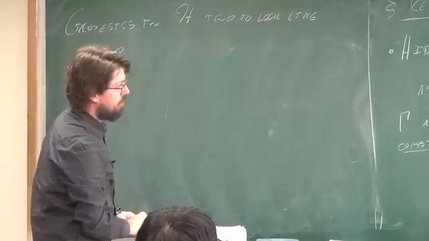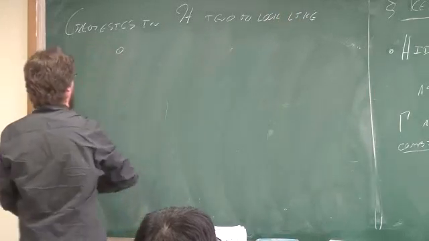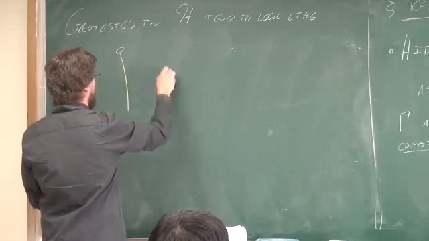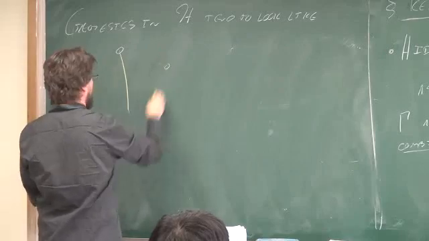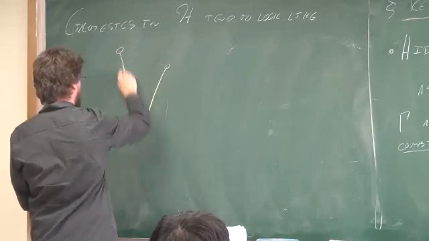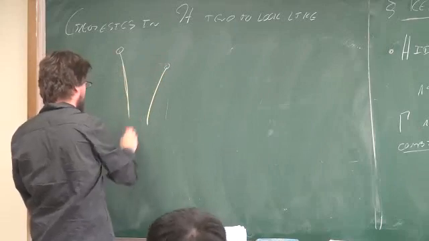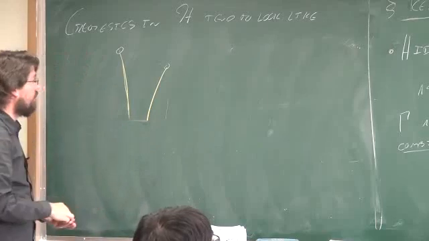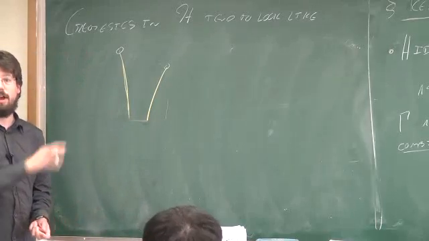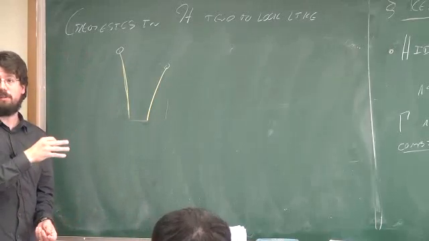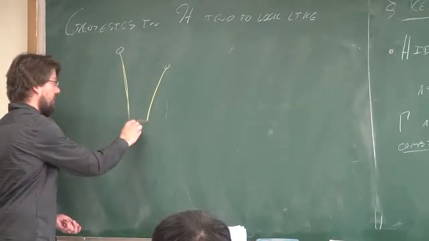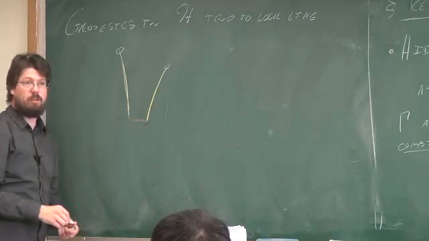So maybe I've got a vertical, a little bit of horizontal, and then vertical. So they're very simple. They don't have to look exactly like this, but they're going to look very close to something like this. And this is going to be a segment of length 2 or 3.